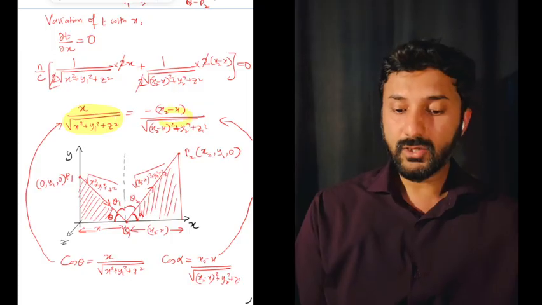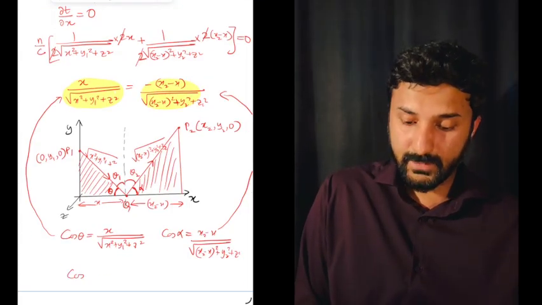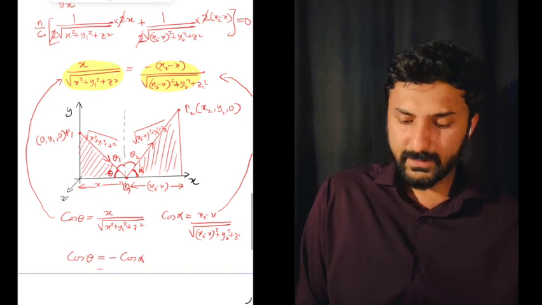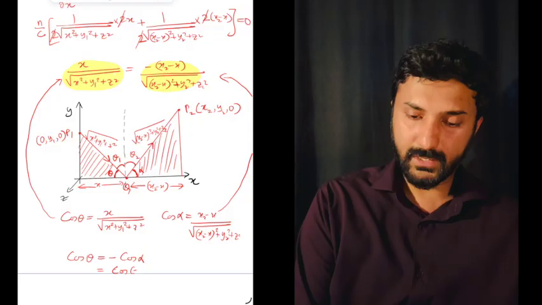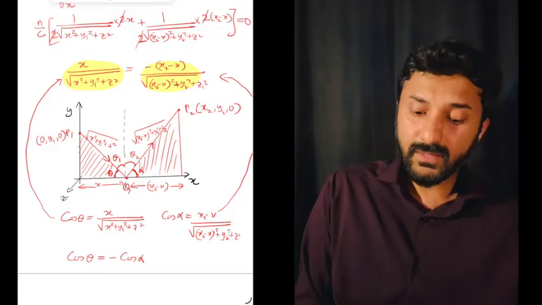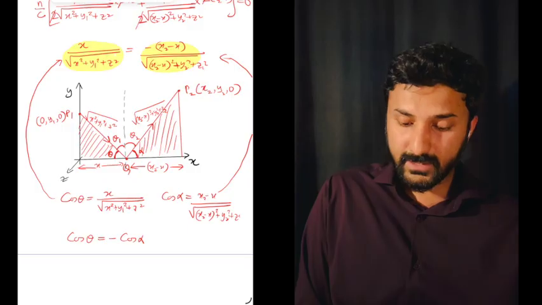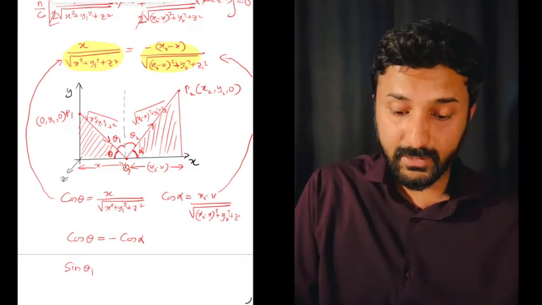So what we have is therefore cos of theta to be same as negative of cos of alpha. You could in fact take a negative sign inside and perhaps write it as cos of minus alpha, but that's not really significant. What's important now is that cos theta is nothing but sine theta 1, because theta and theta 1 are complementary angles, as you can observe.